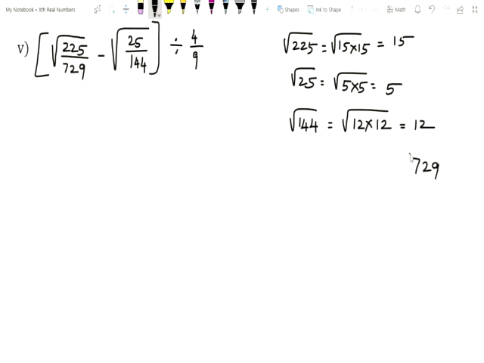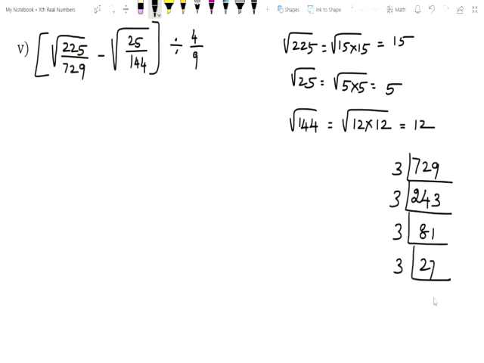Just find this out by dividing by 3. 2 threes are 6, remaining 1, 12. 4 threes are 12, 3 threes are 9. 81. Divide by 3, 27. Divide by 3, 9. Divide by 3, 3. Now how many 3s are there? 1, 2, 3, 4, 5, 6.